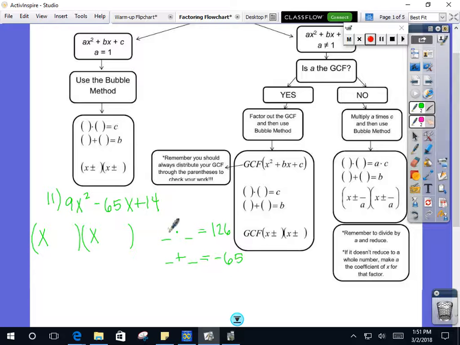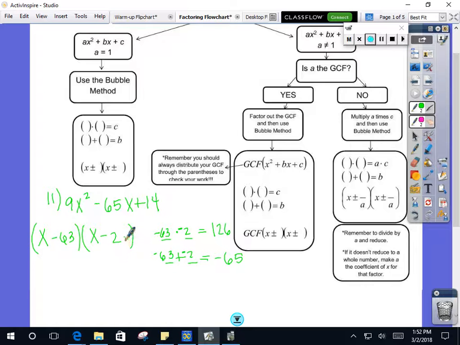It is 63 times 2, 126. 63 times 2 is 126, and both negative. Yep, those are your numbers. So really, if you were using my method of just starting to divide, you should have got them right away. As soon as you did 126 divided by 2, so it's x minus 63, x minus 2.